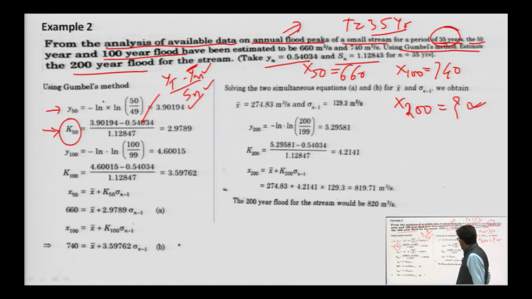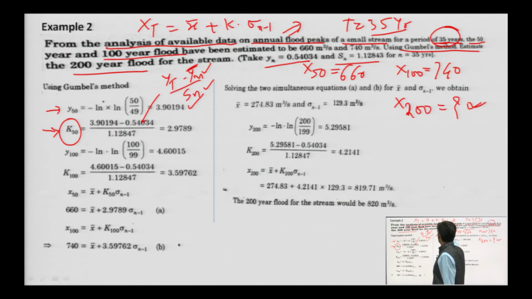That question can be solved if we are able to find the standard deviation and x mean, because x t is x mean plus k times the standard deviation sigma n minus 1. It means k can be easily calculated, but x mean and standard deviation we need to calculate.